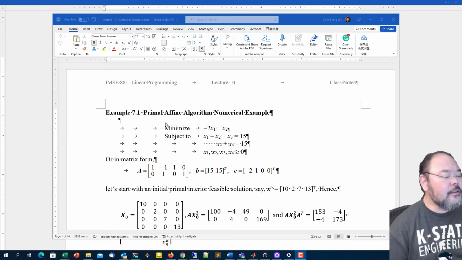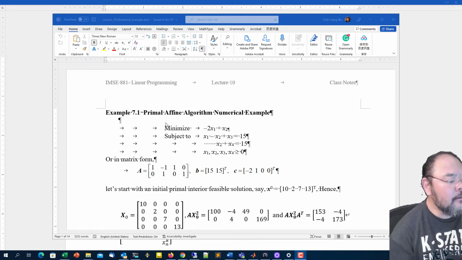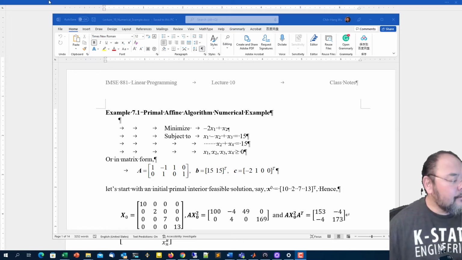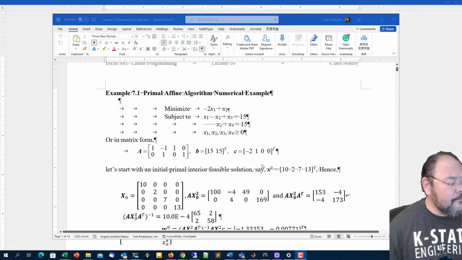So apparently x3 and x4 are slack variables for the less-than-or-equal-to constraints. Here is the constraint matrix A, the right-hand side vector b, and the cost coefficient vector c.